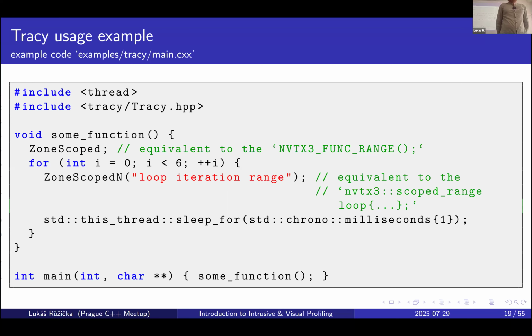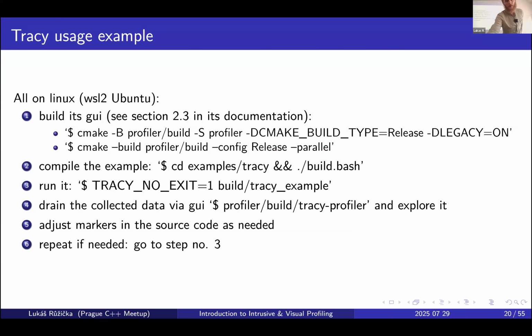It seems to me that both tools, Tracy and NVTX, have their own formats with some possibility, I'm not sure, to export the data, but definitely to import other formats. One of them I will talk about later. As far as I know, those are binary and their own, maybe proprietary, formats.